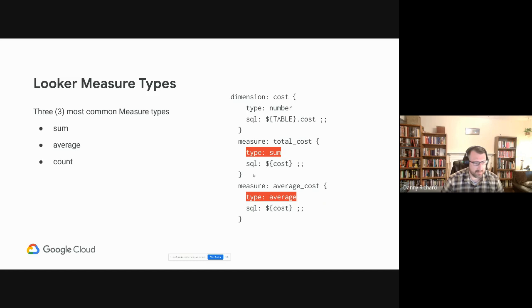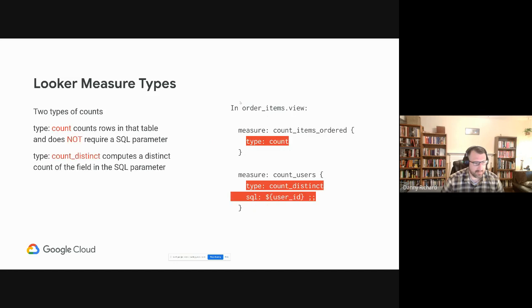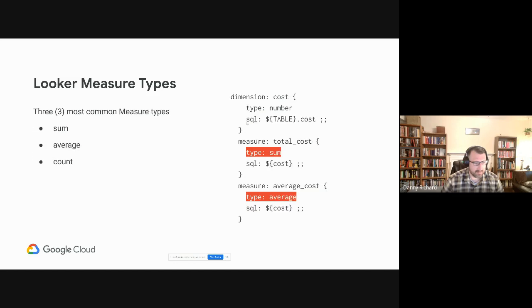So when you're defining a measure, let's start from the top. You see a dimension called cost. This is like a raw field in the table, even though it's a metric. It first gets defined as a dimension. That's how all fields are created in Looker. And then afterwards, in order to actually turn it into an aggregate, you create a measure off of it.